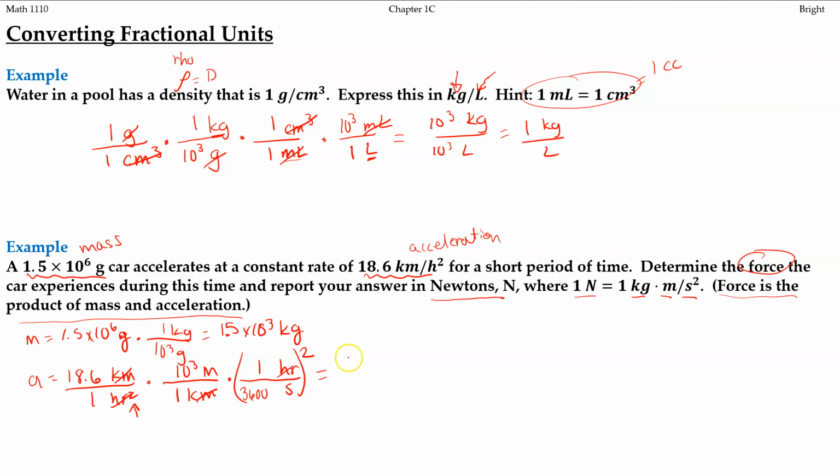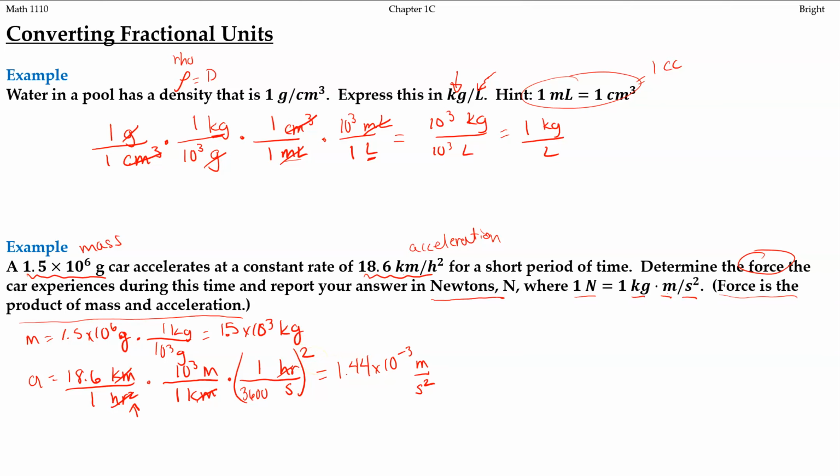Now we go on and do the calculation here. Doing this on a calculator yields 1.44 times 10 to the minus 3, if you were to do that using scientific notation. The units here would be meters per second squared, because meters, and then we have seconds, but we have 2 of them because we have a square there.